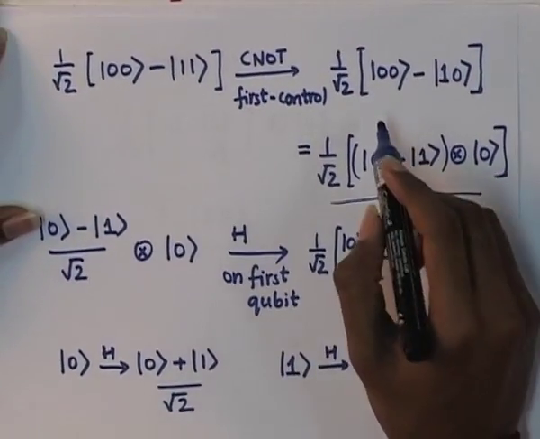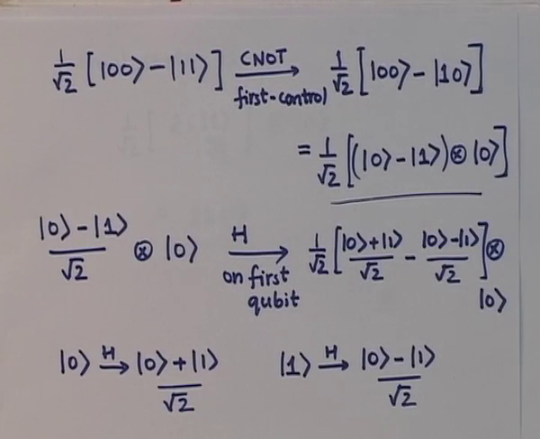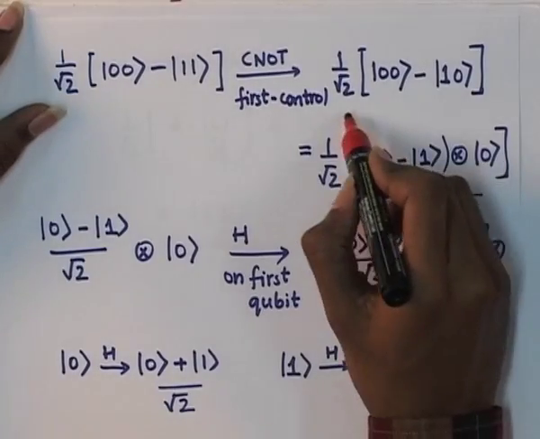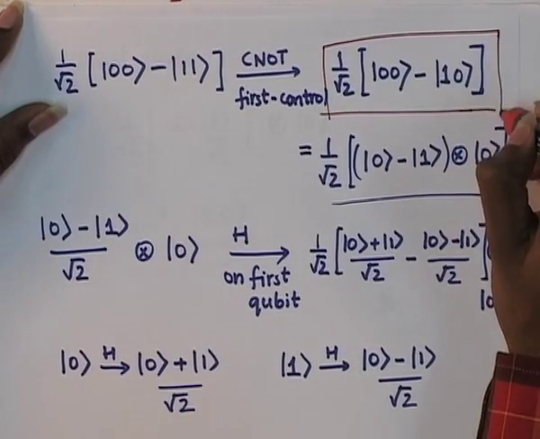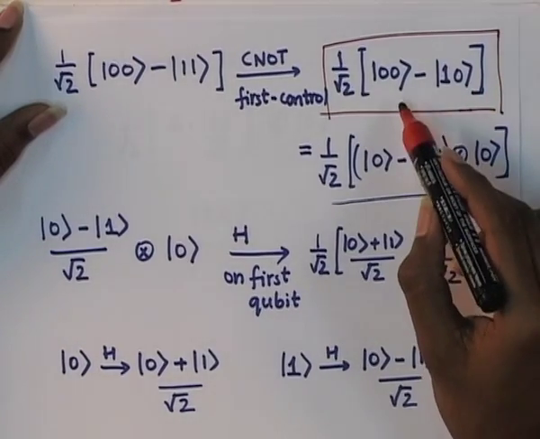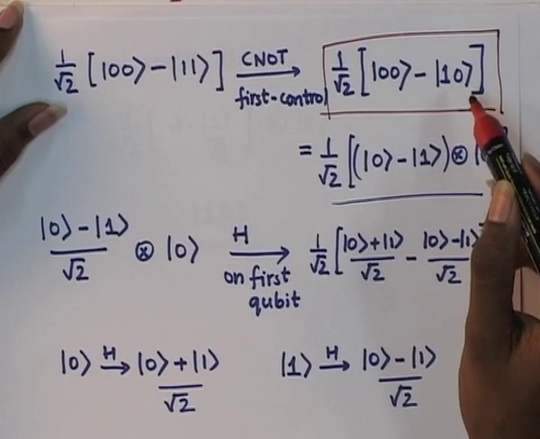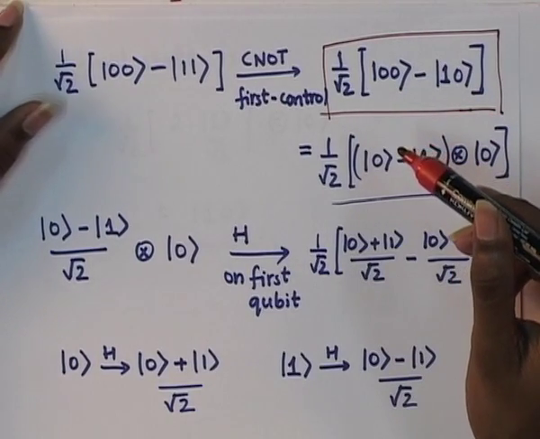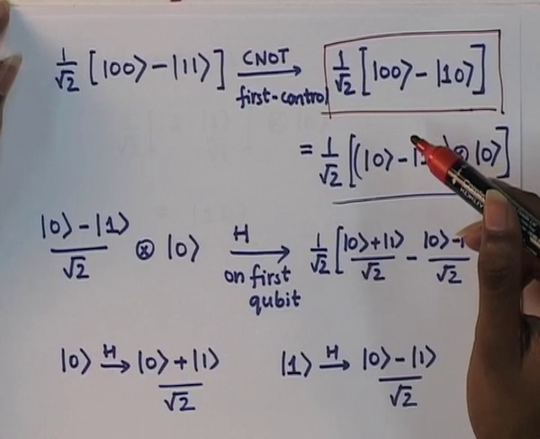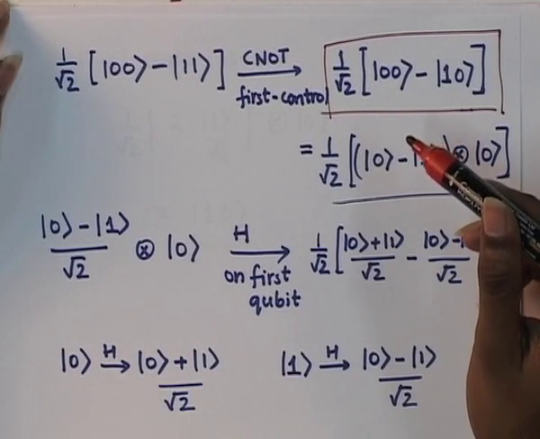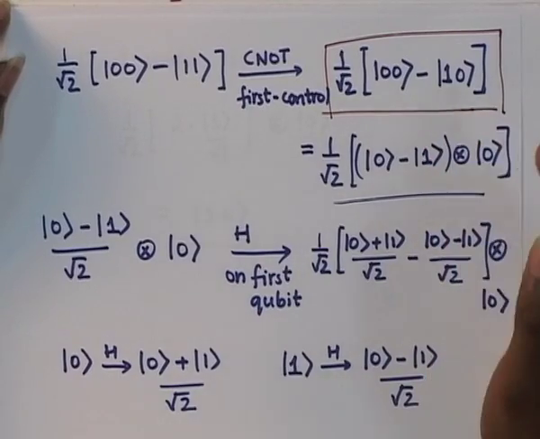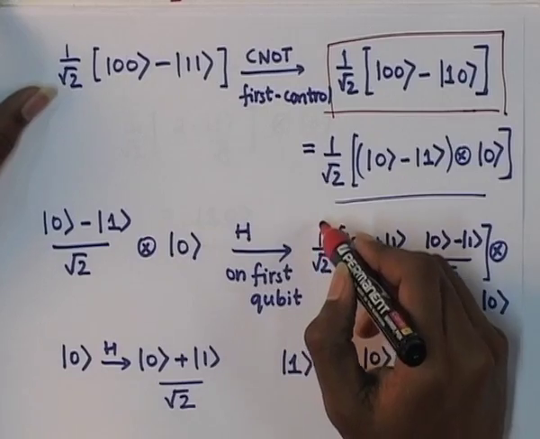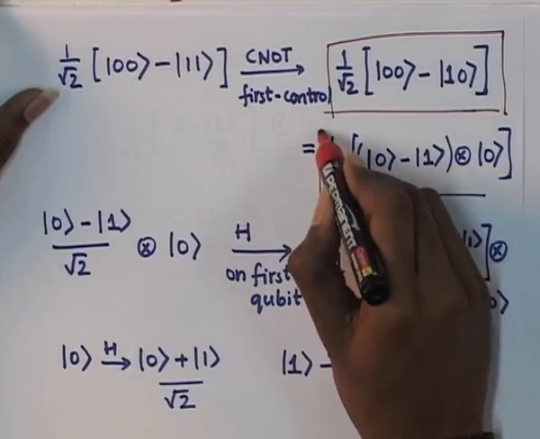After applying C naught gate, we obtain that state 1 by square root 2 0 0 minus 1 0, and option D is just another way of writing option C by taking the qubit 0 to the right hand side, which is written here.